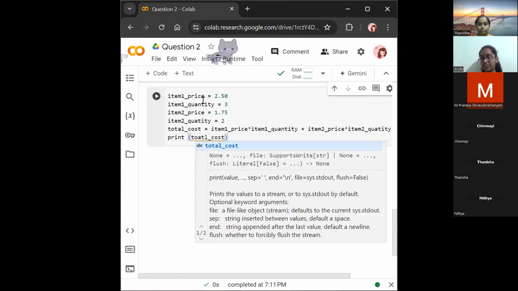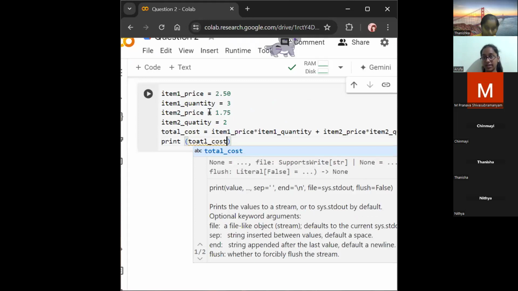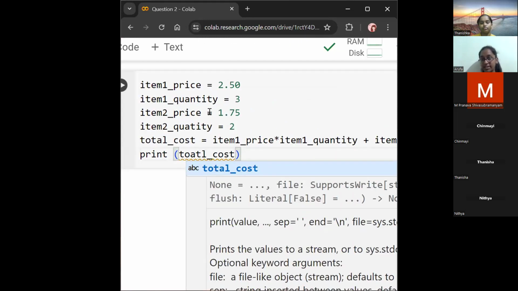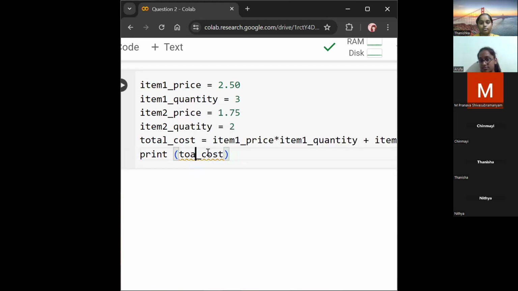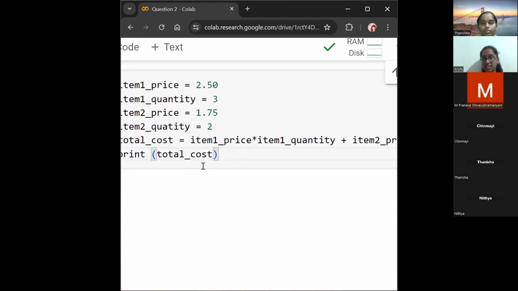So I'll explain this once again. Item 1 price we have given 2.50, and the quantity of item 1 is 3. The same with item 2: item 2 price is 1.75 and item 2 quantity is 2. When we need to find the total cost, we should use both addition and multiplication.